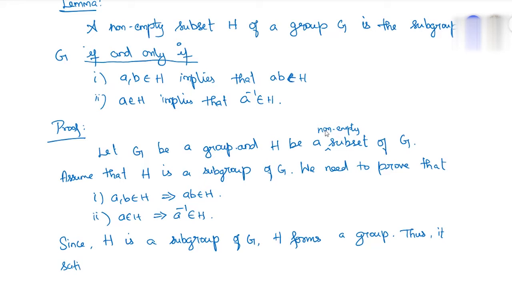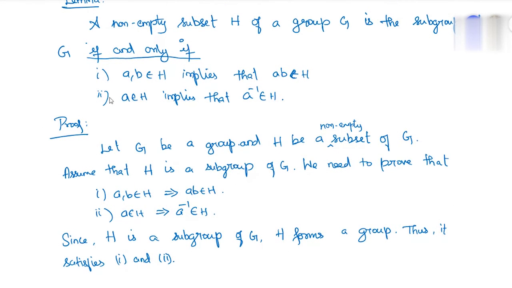Therefore, it satisfies 1 and 2. Thus we have proved one part of the theorem. Now the converse part: you have to assume that H satisfies these two, then prove that H is a subgroup of G.